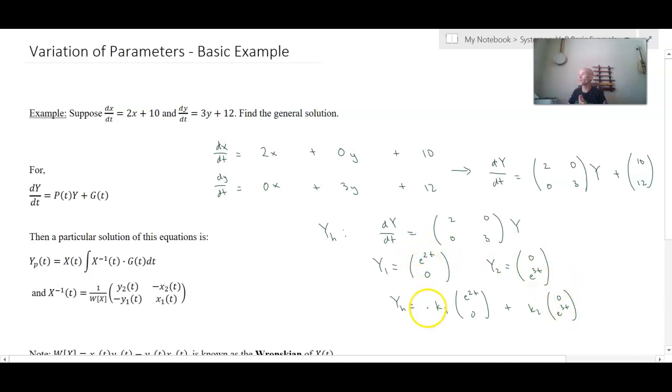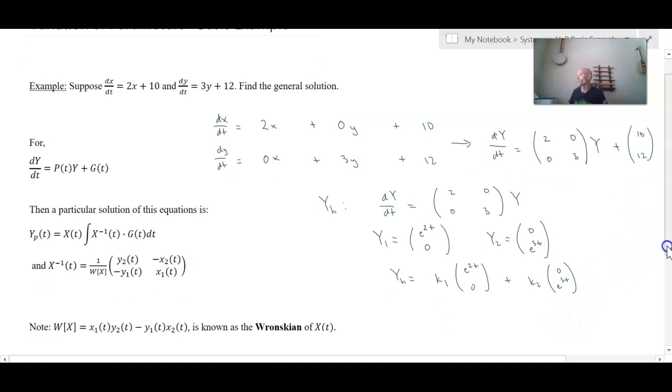And you can just see that really it's stating that x is k1 e to the 2t. In other words, the only functions x whose derivative is 2 times the function are multiples of e to the 2t, and the function that has a derivative that is 3 times itself would be, well, the derivative of e to the 3t is 3e to the 3t, and so that piece works out.